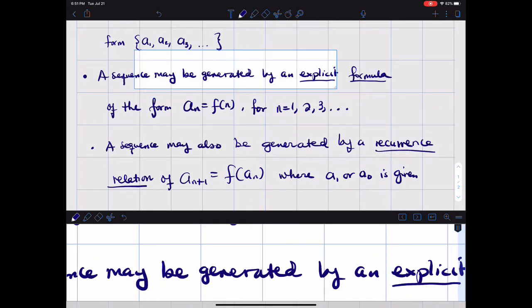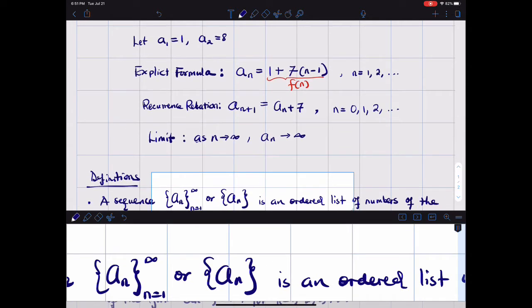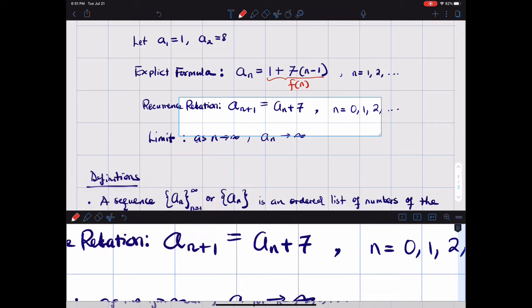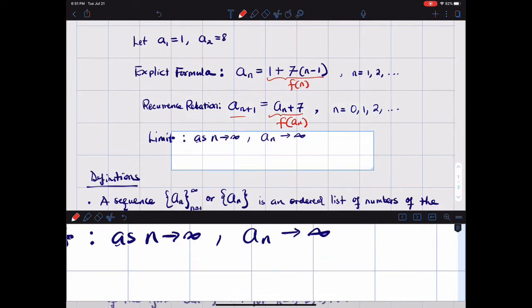All right, so we have the recurrence relation here. So this is An plus 1 over here, and this is our f of An.